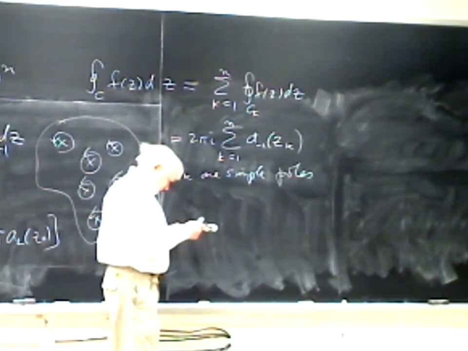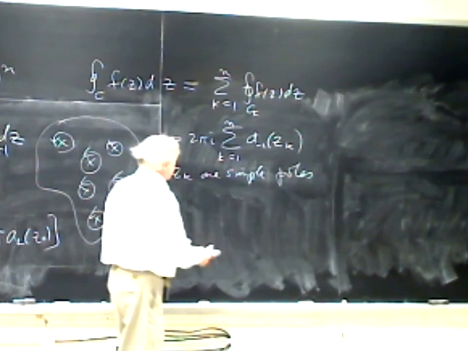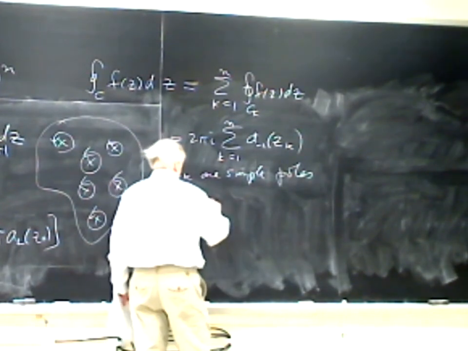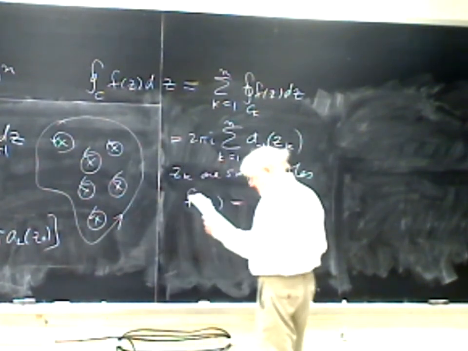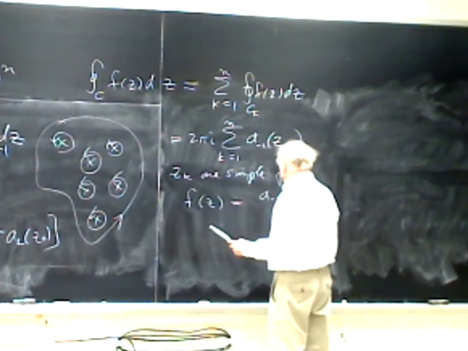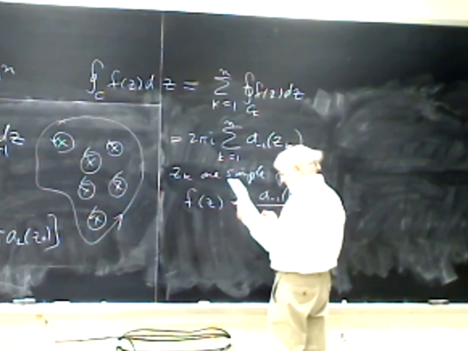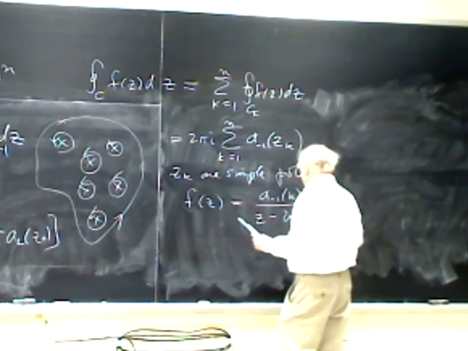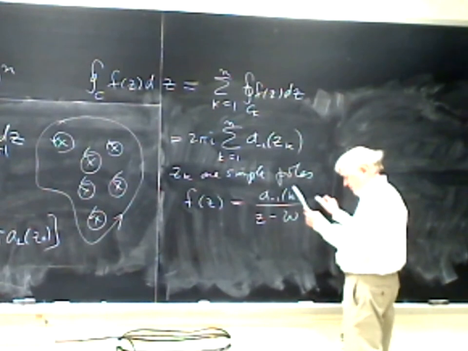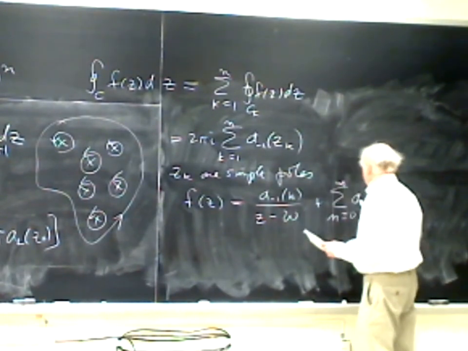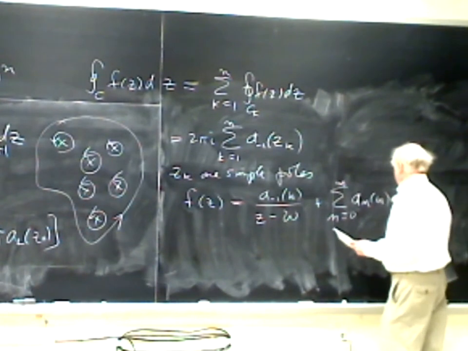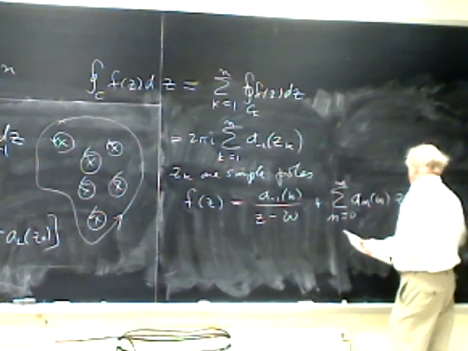Suppose f of z just has a simple pole at w. In other words, suppose the Laurent expansion around w is a sub minus 1 over z minus w plus the sum n equals 0 to infinity a sub n of w times z minus w to the n.